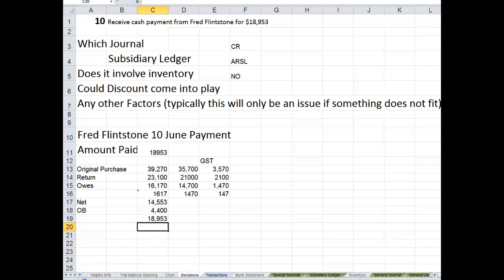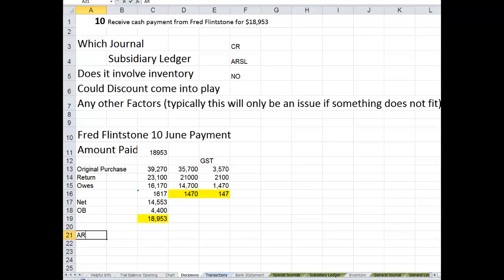So what are we going to have to record? Well, we're going to have to record the amount they paid. We'll have to record the discount, and we'll have to record the change to the GST. And when we add all of these items together, we'll get what the reduction in accounts receivable will be.